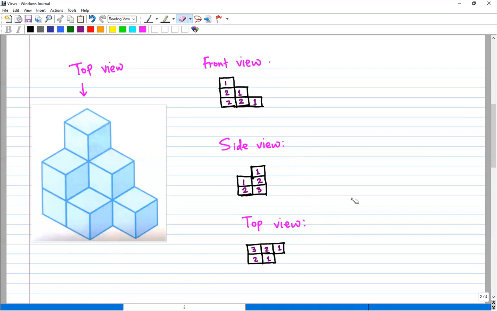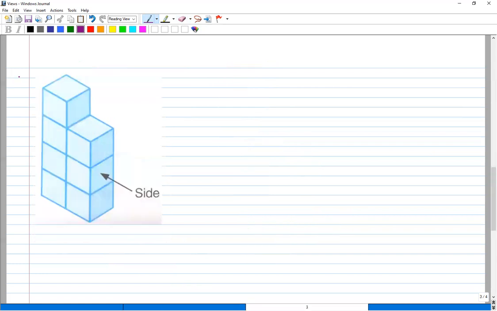Now let's have another example so that we can understand this very well. Now, look at this 3D geometric figure.